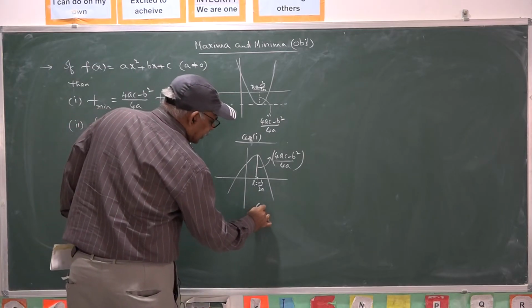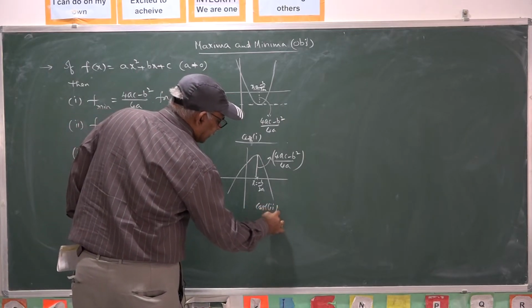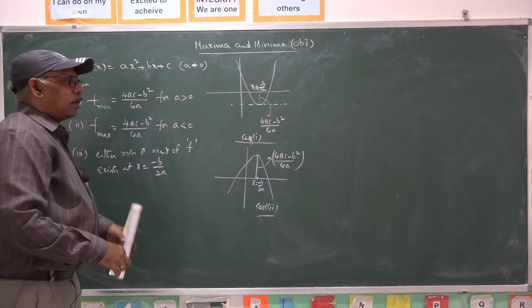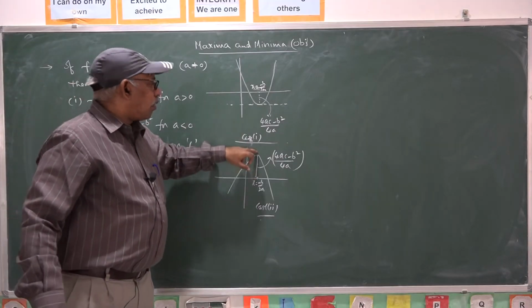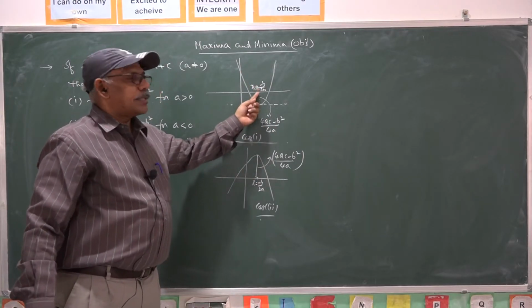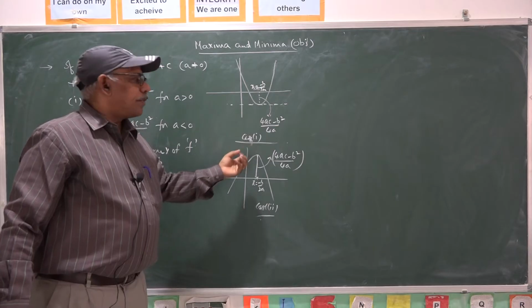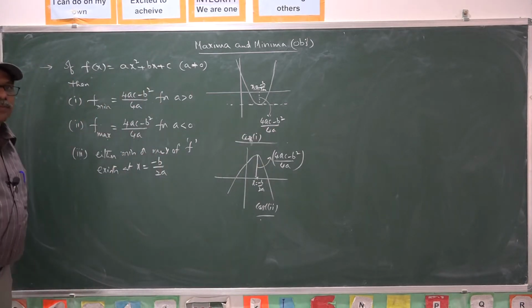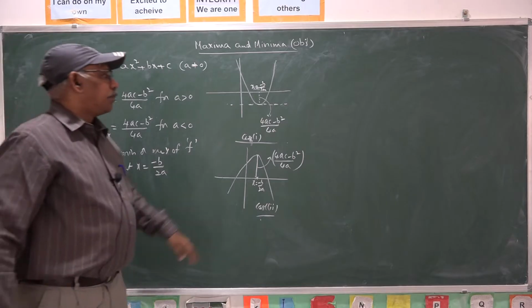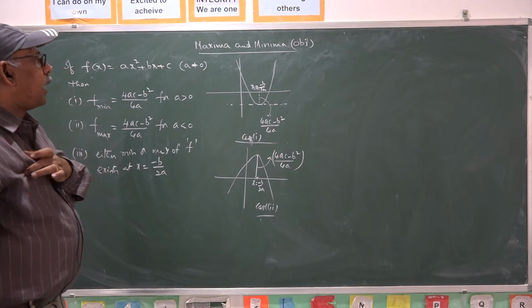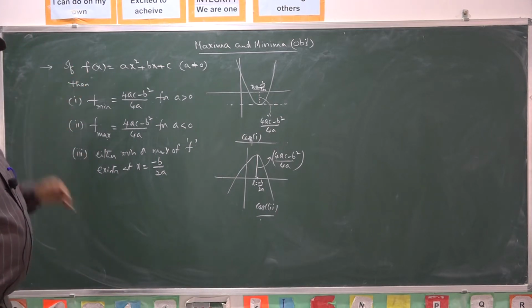So, this is case 1, this is case 2. Either maximum or minimum of the function exists at x equal to minus b by 2a. That minimum or maximum value is obtained by 4ac minus b square by 4a itself. That is the maximum and minimum values of the quadratic function.